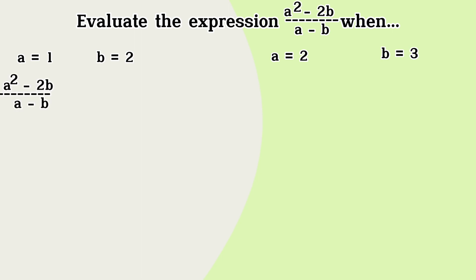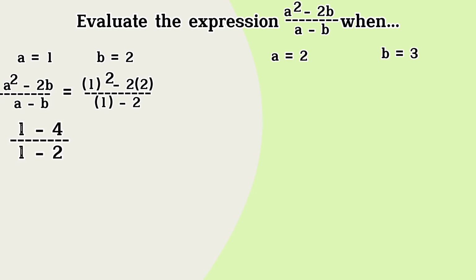And now, sa a squared minus 2b all over a minus b, we have 1 for a, then 2 for b. So, 1 squared minus 2 times 2 all over 1 minus 2. So, 1 times 1 is equal to 1. Then, 2 times 2 is equal to 4.